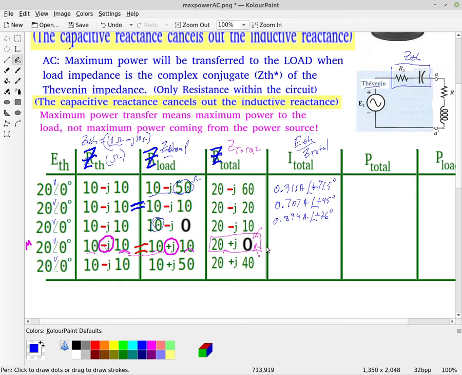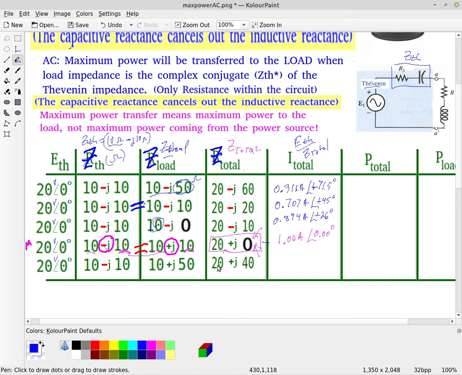Right? And now we're on the fourth case. The fourth case is the one where they're telling us that's actually going to be our maximum. And so when we do that, the reactances disappear. So we get 20 volts divided by 20 ohms, which gives us 1 ampere, 1 ampere with exactly 0 degrees phase shift in there. All right.